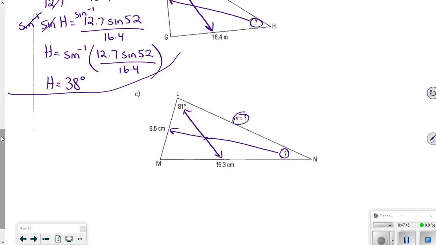So I'm using my sine law because there's a pair where I know both pieces and a pair where I know one. I'm solving for an angle. I want the angle on top.